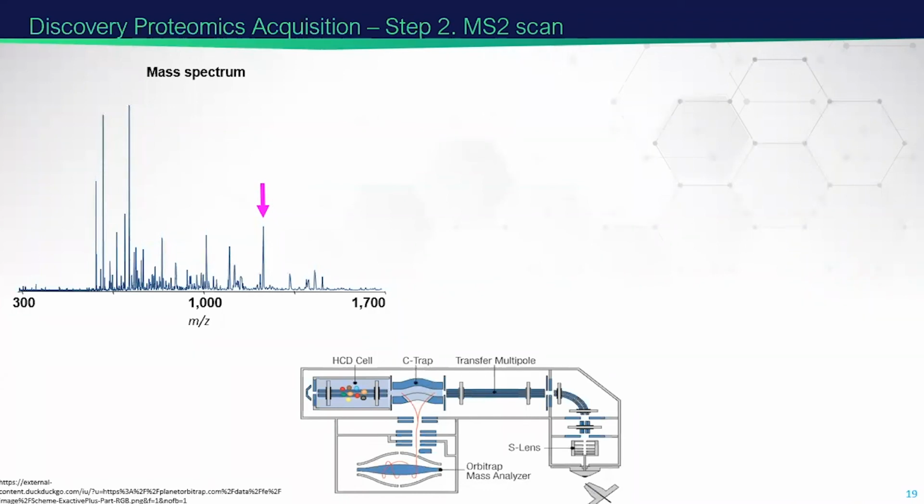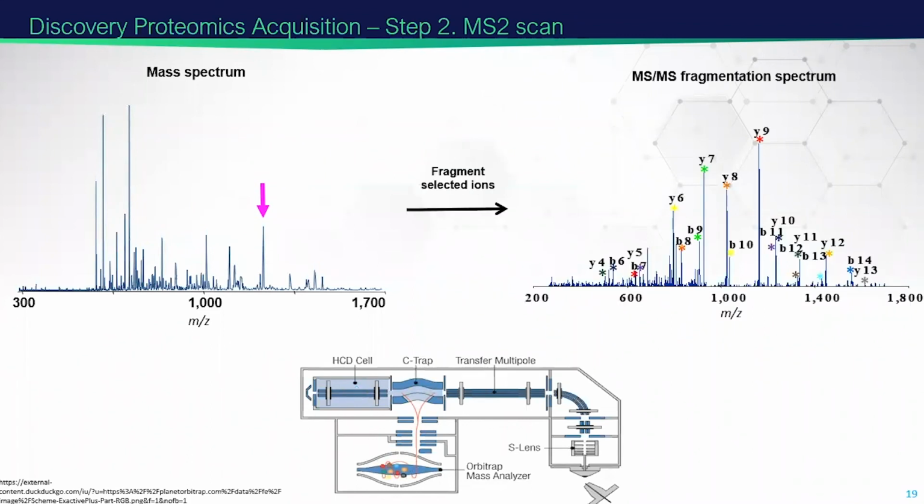You get lots of fragment ions, and you send them again to the mass spec analyzer. So in the end, you will have a tandem mass spec spectra, so it is MS2 spectra. You get lots of fragmentations from the peptides.